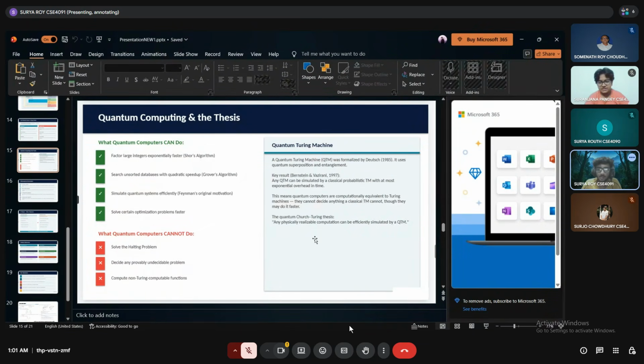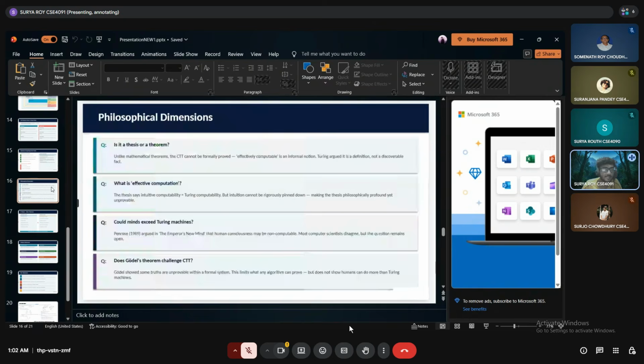This means quantum computers are computationally equivalent to Turing machines. They cannot decide anything a classical TM cannot, though they may do it faster. The quantum Church-Turing thesis: any physically realizable computation can be efficiently simulated by a QTM.